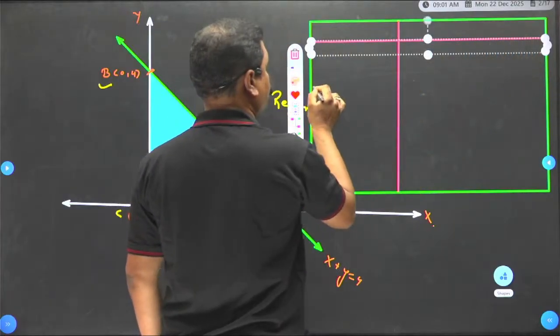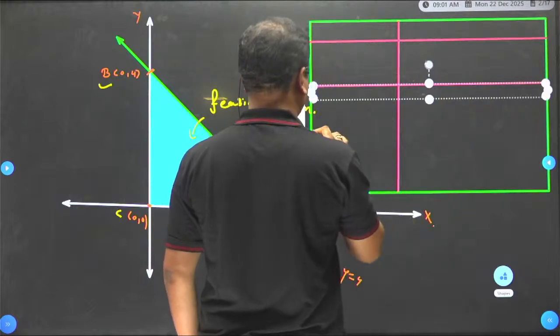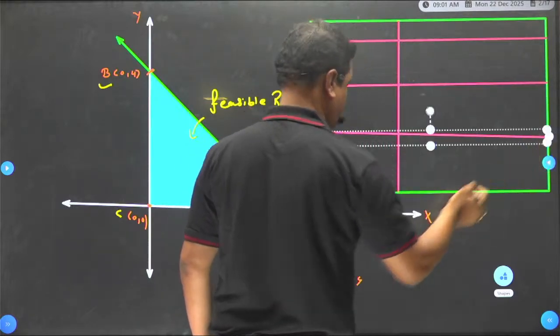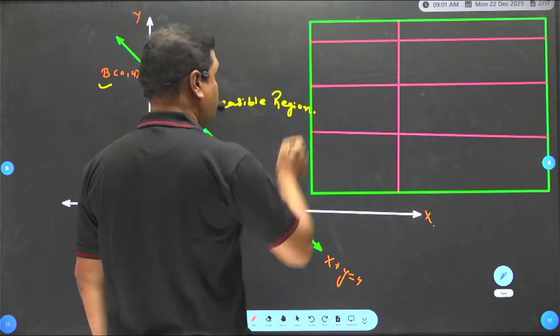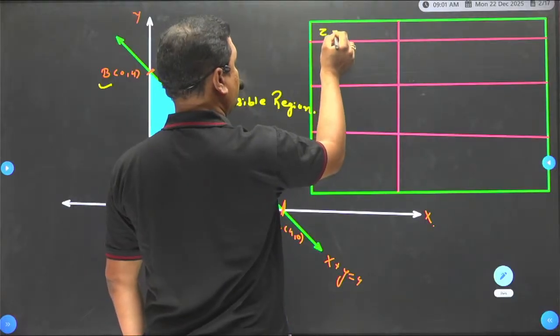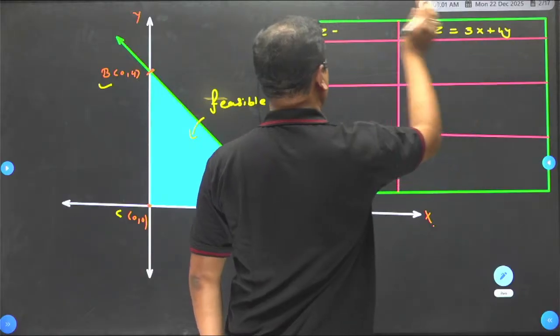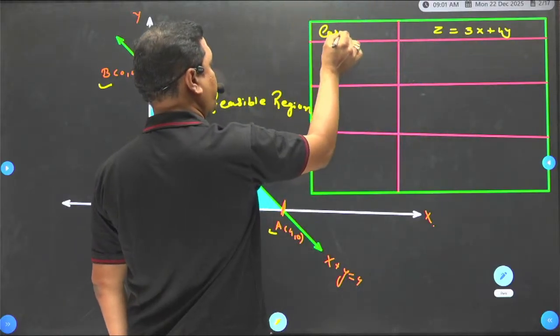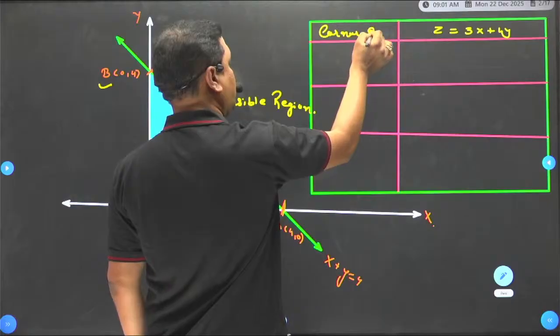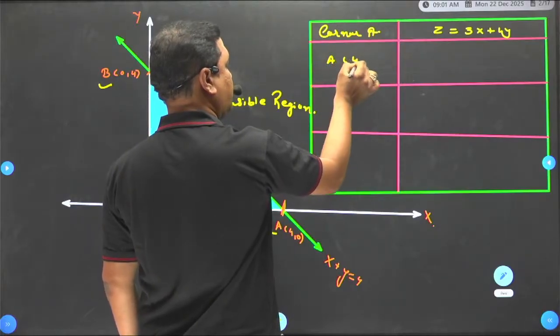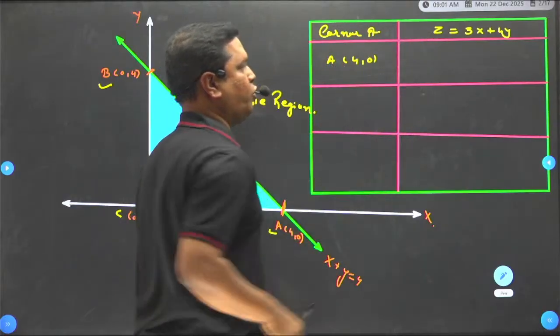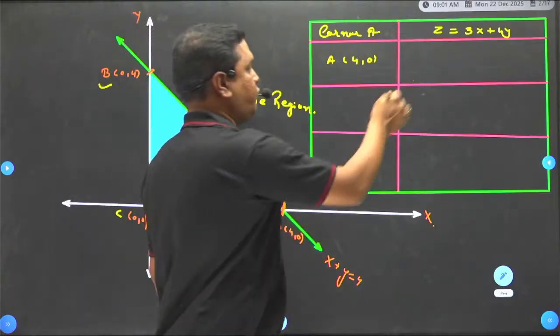We find this value at the corner points. Z equal to 3x plus 4y at the corner points. First point 4, 0: put 4 over here, 4 times 3 is 12.